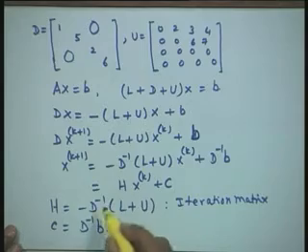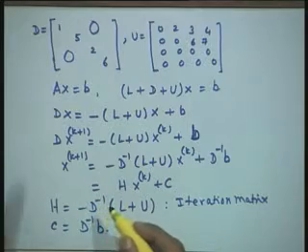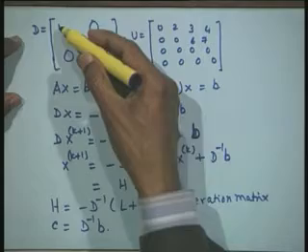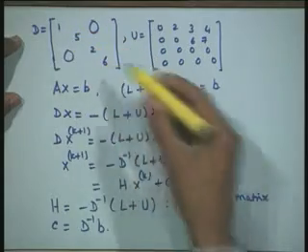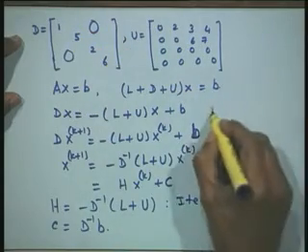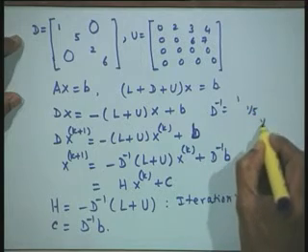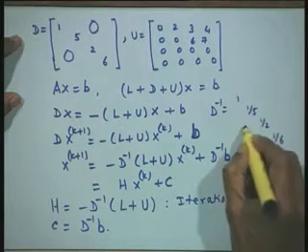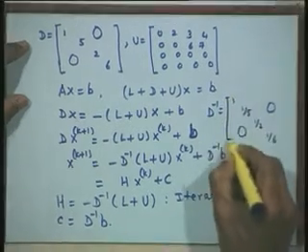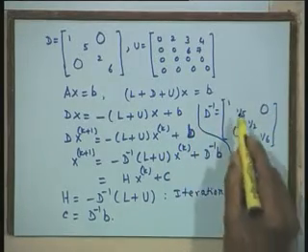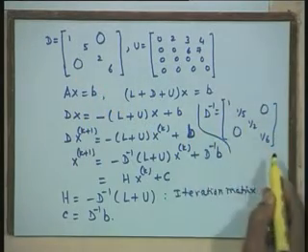Now, we can see that here we are using D inverse. D is a diagonal matrix, therefore, its inverse simply will be 1 upon a11, 1 upon a22 and so on. In this example we will have simply D inverse as 1, 1 by 5, 1 by 2, 1 by 6.